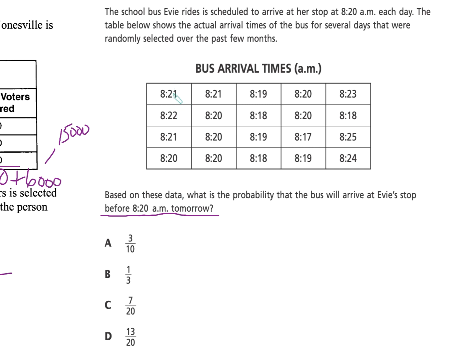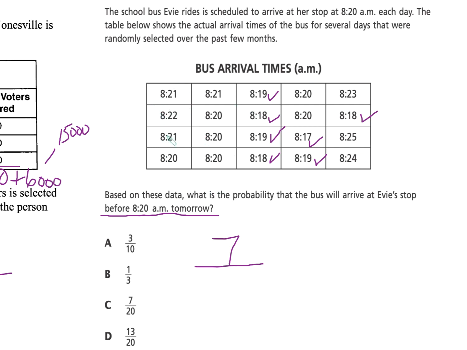So let's go down this first column. No. No. Okay, this is before 8:20. Also this and also this. Okay, no. Before 8:20, before, and before. So it occurred 1, 2, 3, 4, 5, 6, 7. So it occurred 7 times out of, and how many was this?